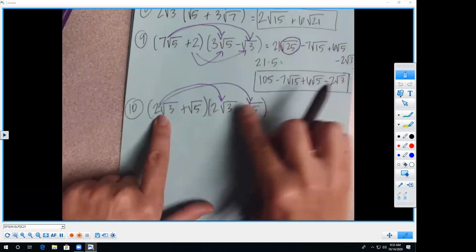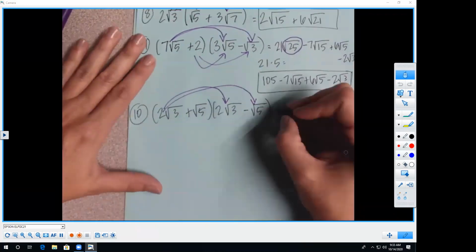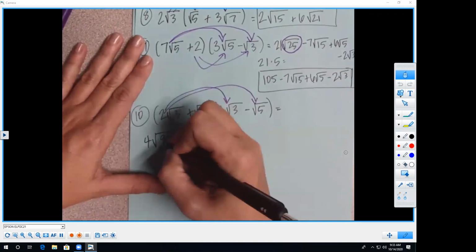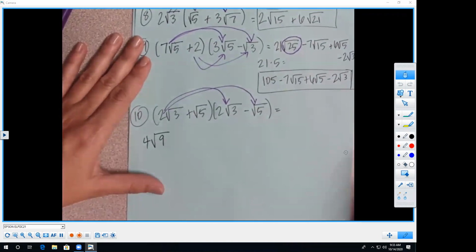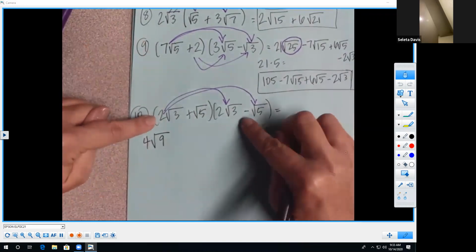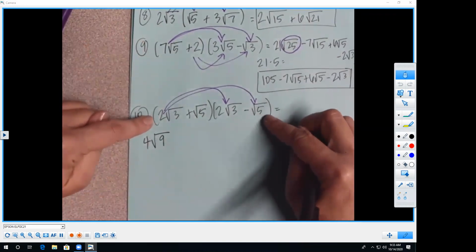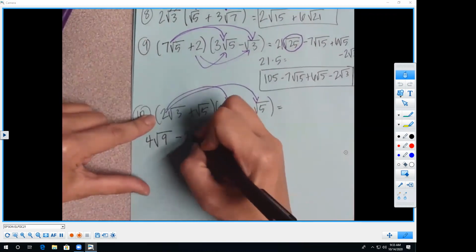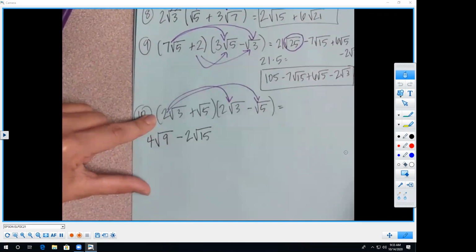Two square roots of 3 times 2 square roots of 3 is 4 square roots of 9. 2 square roots of 3 times negative square root of 5 is minus 2 square roots of 15.